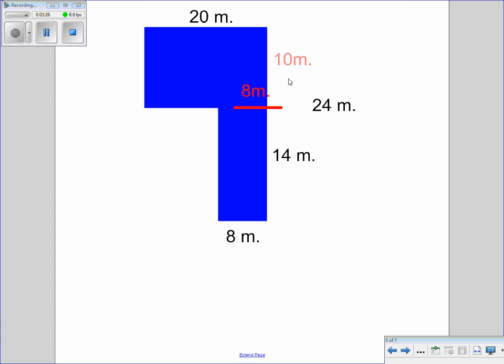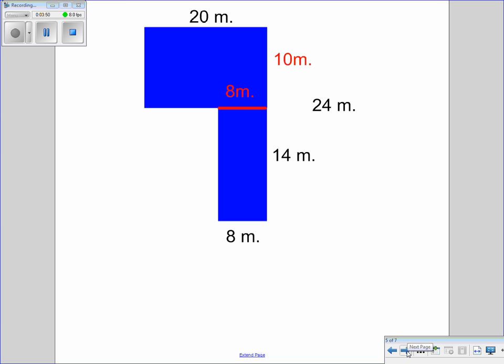That would be 10 meters. So now we know that the rectangle on top is 20 times 10 is 200 square meters, and the one on the bottom is 8 times 14 is 112 square meters. That gives us a total for the entire composite figure of 312 square meters.